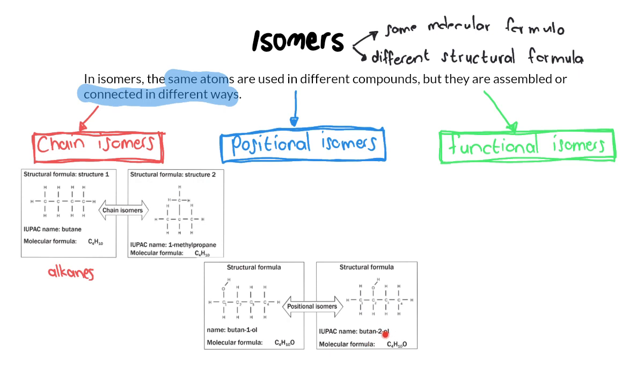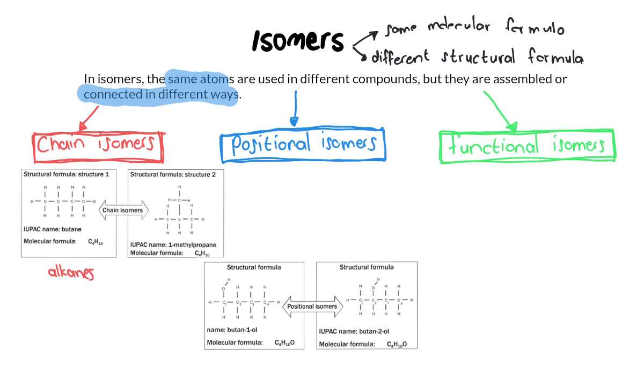Exactly like with butane 2-ol, if they give it to you here, you can't put the OH group there, because if you give the IUPAC name, we will number from this side, and it will again land on carbon number 2, so it will be butane 2-ol again.